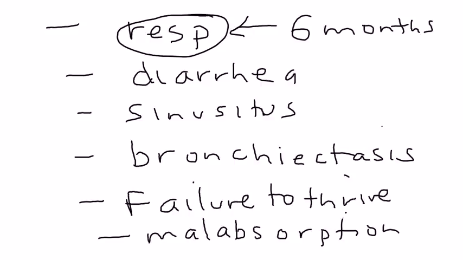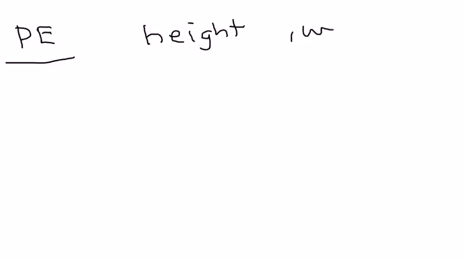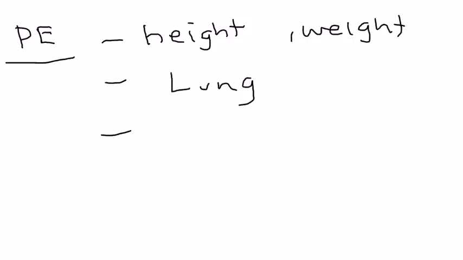What kind of things do you want to check on a physical exam? Well, because of the failure to thrive that can be present, you want to check the height and weight. And then, of course, you're going to do the lung exam, but there are certain things you want to pick up on.